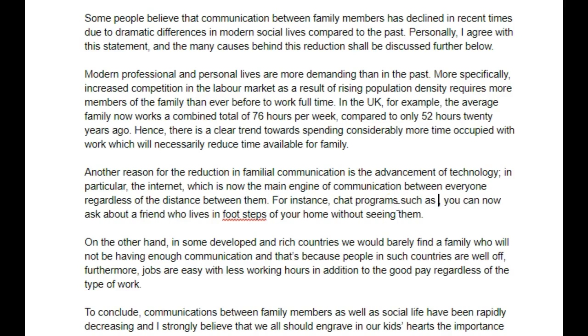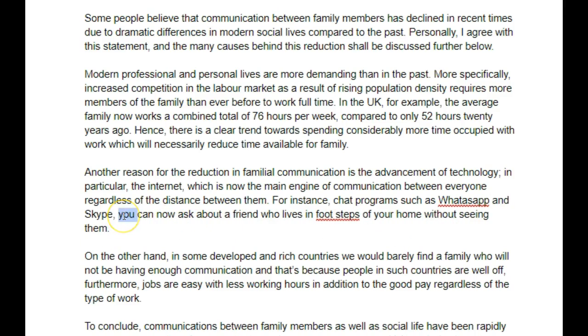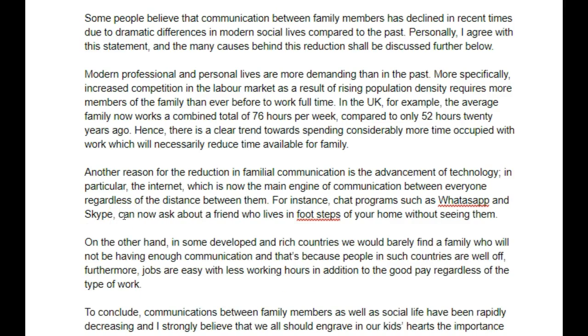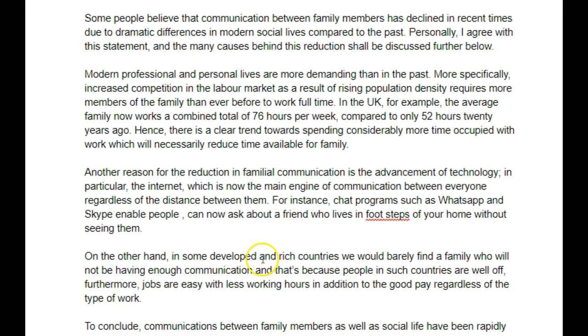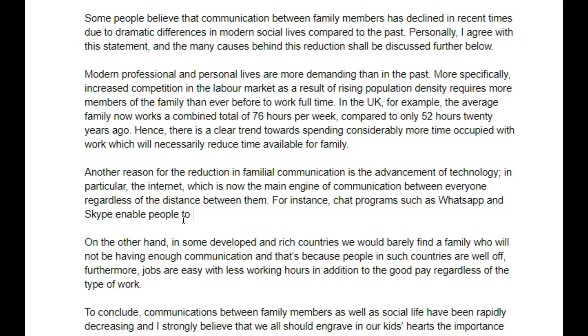chat programs such as WhatsApp and Skype. Never use you in an academic essay. It's very informal to refer to your reader as you. Chat programs such as WhatsApp and Skype enable people to communicate with others without the need to be in close proximity.